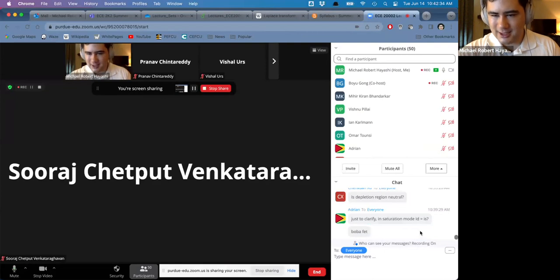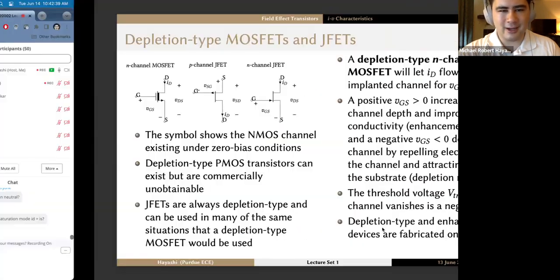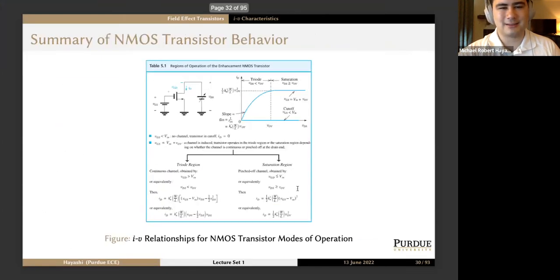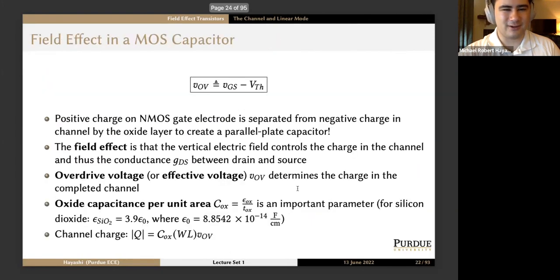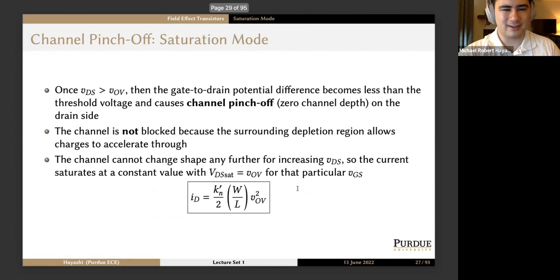New message. Just to clarify, in saturation mode, ID is equal to IS. Adrian, in all modes, ID is equal to IS. Even in cutoff, when they're both equal to 0, they will both be 0.